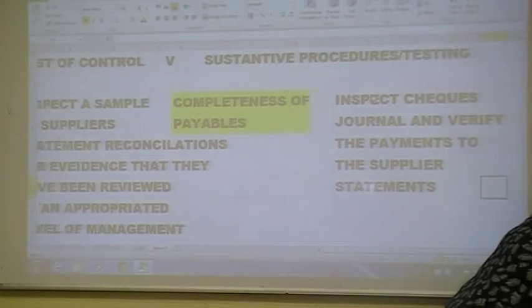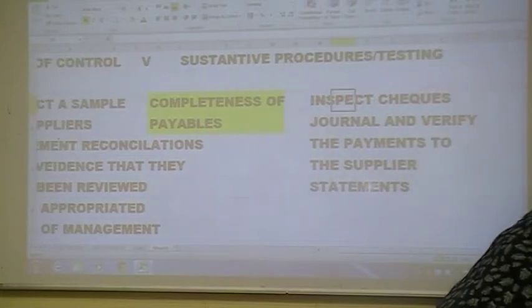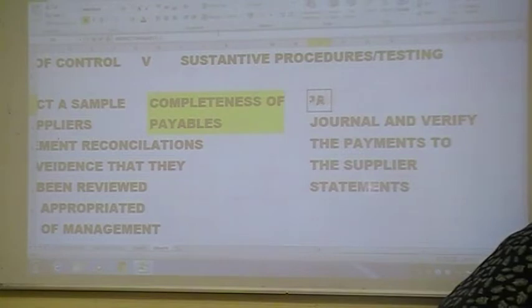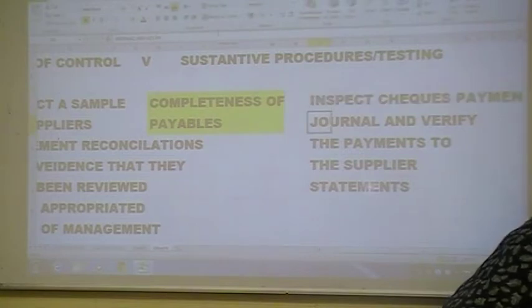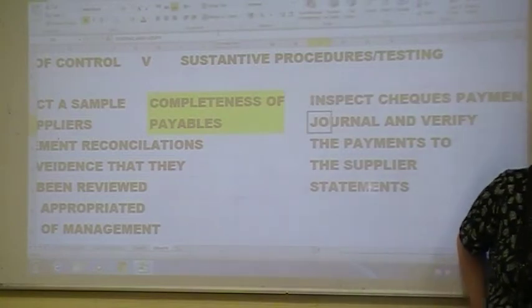You inspect the check payments journal and verify the payments to the supplier statements.